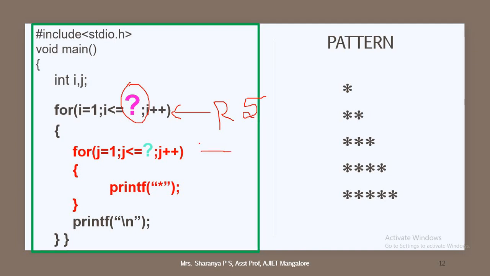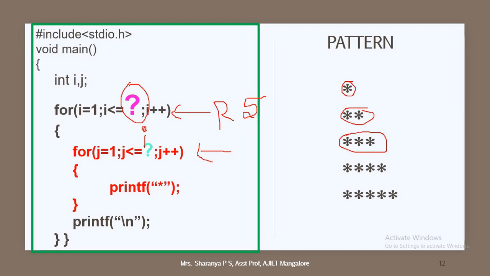And here, as we observe, when i value is equivalent to 1, 1 star will be printed. When i value is equivalent to 2, 2 stars will be printed. When i value is equivalent to 3, then 3 stars will be printed. So is the second printing, j, somehow connected to i? Yes. So we have to write the condition j is less than or equal to i.